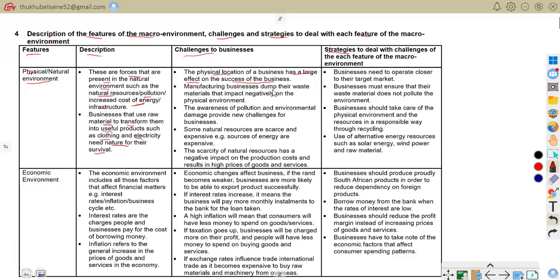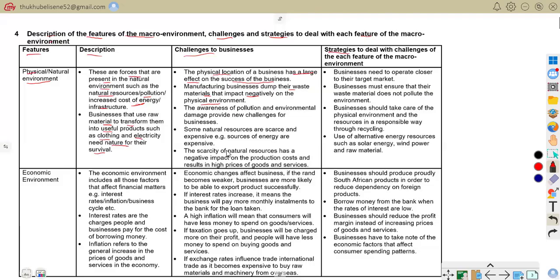Manufacturing businesses dump their waste materials that impact negatively on the physical environment. Here we're talking about what? The manufacturers dump waste that harms the environment. So it means that pollution causes environmental problems. You can make an example of chemical waste that pollutes what?